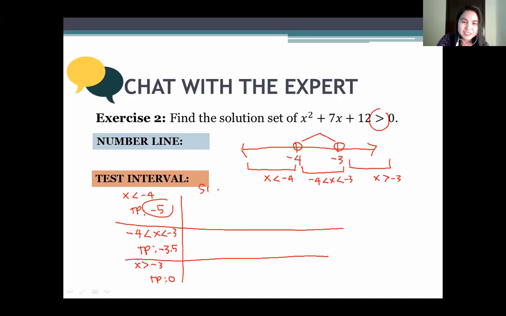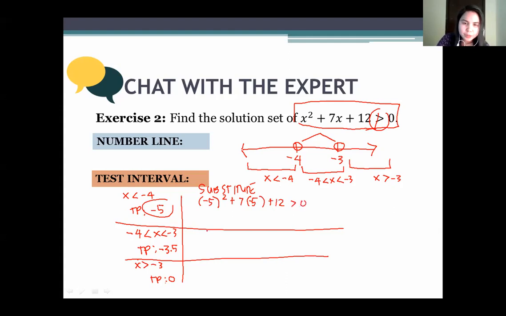Next, let's substitute. Ready? From here, we have x squared plus 7x plus 12 greater than 0. With x as -5: -5 squared plus 7 times -5 plus 12 greater than 0.